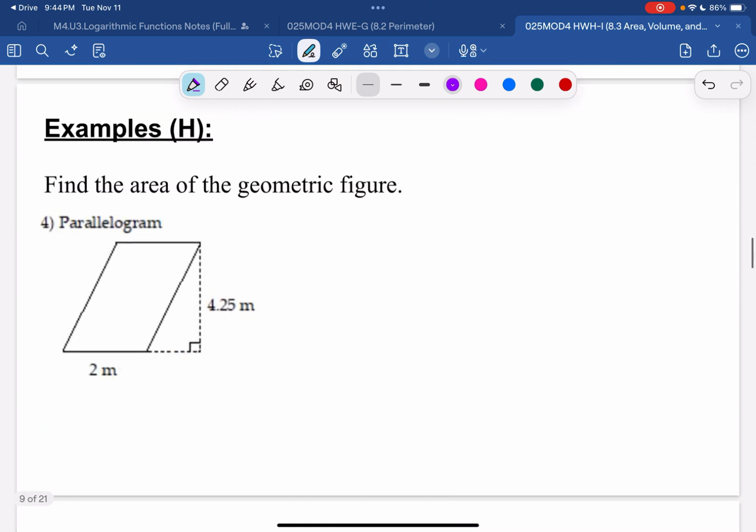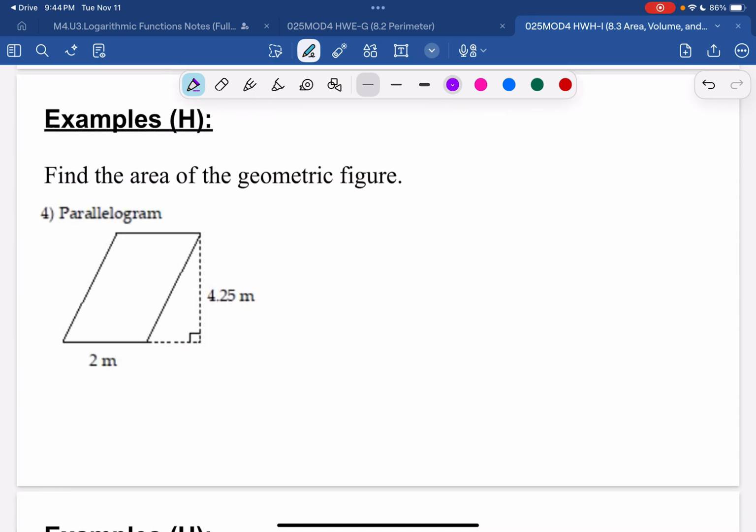Our next example is a parallelogram. And so the formula for a parallelogram is base times height. So remember, we've got to find our base and our height. Remember, they're going to be 90 degrees together.